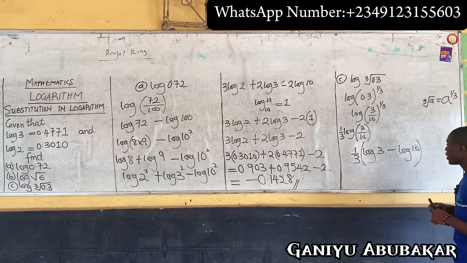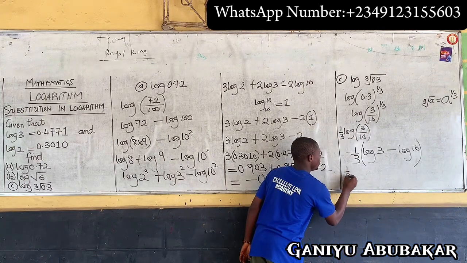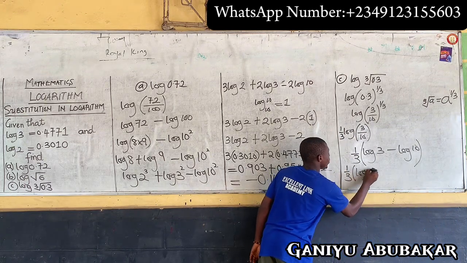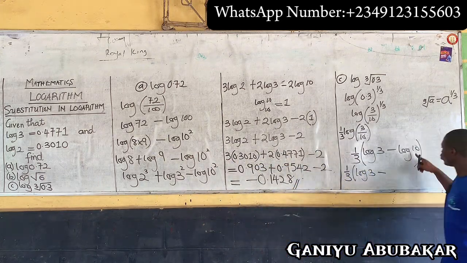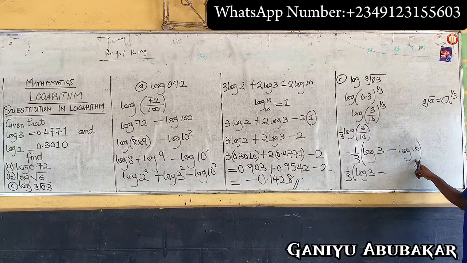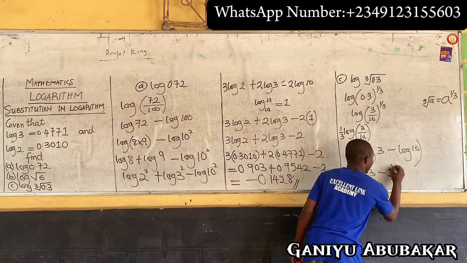So I'll be having 1 over 3 into log 3, which is known, minus log 10 to base 10. Log 10 base 10 is all 1. So it becomes 1 as my answer.